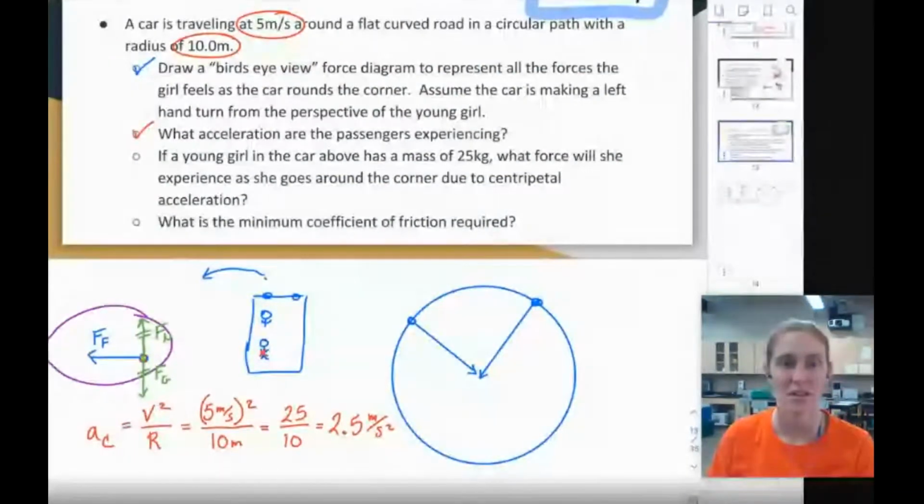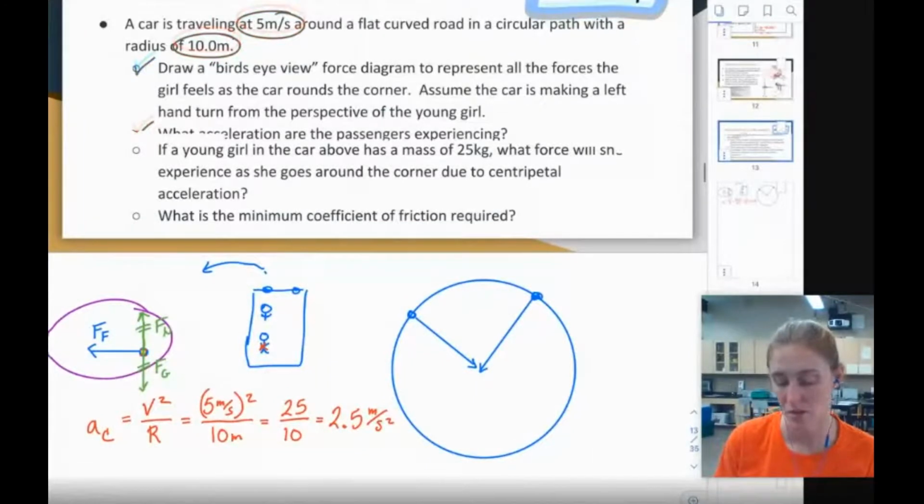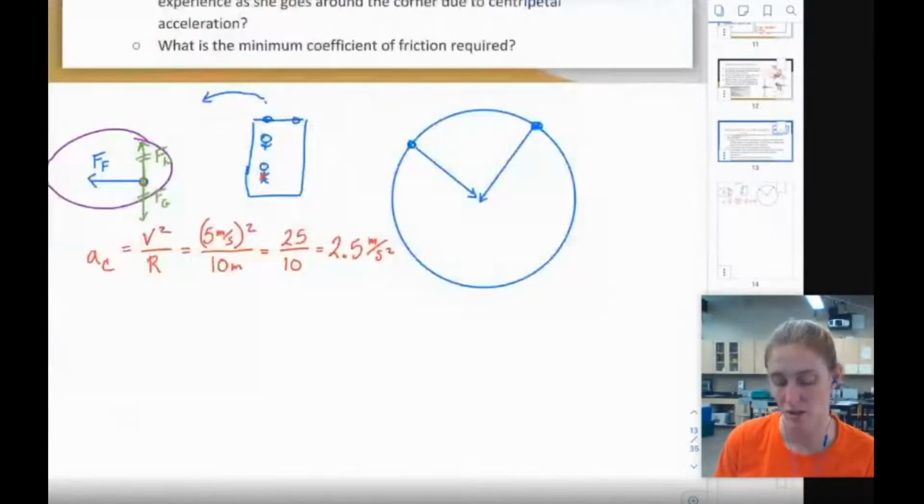All right, so if the young girl in the car above has a mass of 25 kilograms, what force will she experience as she goes around the corner due to centripetal acceleration? Well, if we take a look at our net force equations, the sum of our forces is equal to only our frictional force, that's the only force in that direction, and that'll be equal to ma.